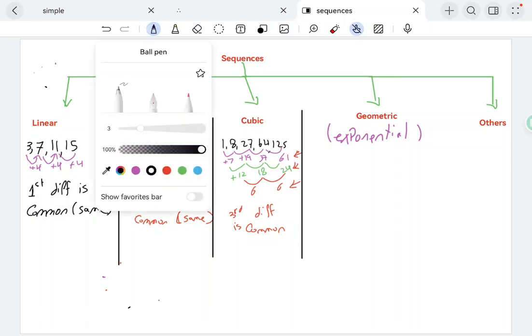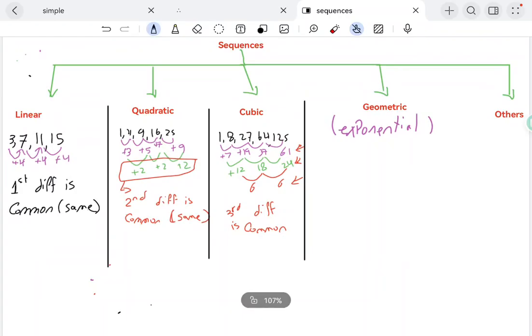Let's see. For example, I have this sequence: 100, 50, 25, 12.5.